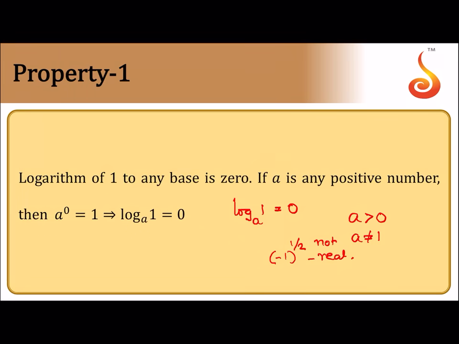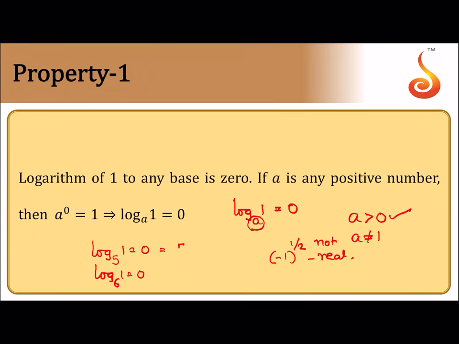Why we won't take negative? A question will come. Suppose minus 1 to the power 1 by 2 is not real. Later chapters you will study. That's why base number must always be positive. a must be greater than 0, a is not equal to 1.